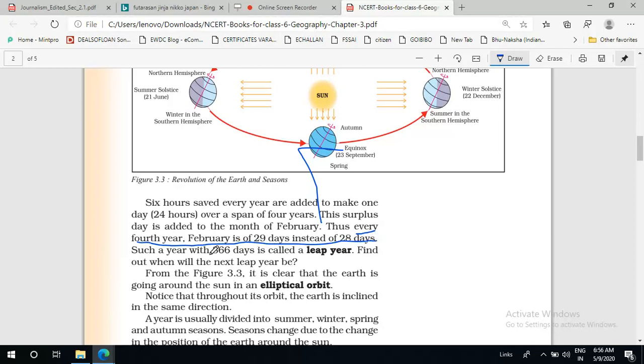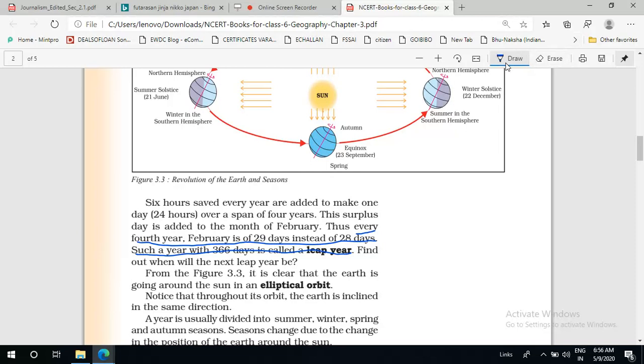Such a year with 366 days is called a leap year. Okay, so this is your story of revolution.